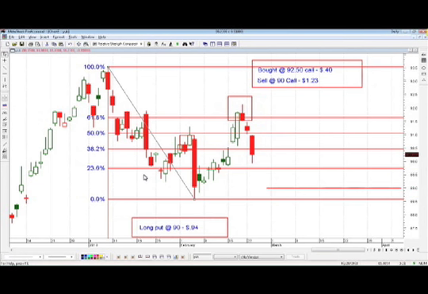I don't know that I would put one above another. In fact, quite often, what would make me more interested in one level over another is, did I get like a shooting star up at the top of a resistance level? If I had a shooting star up here at the 61.8%, I'd be paying very close attention to that.